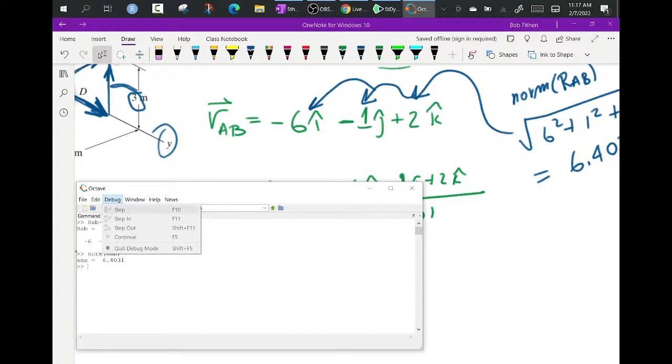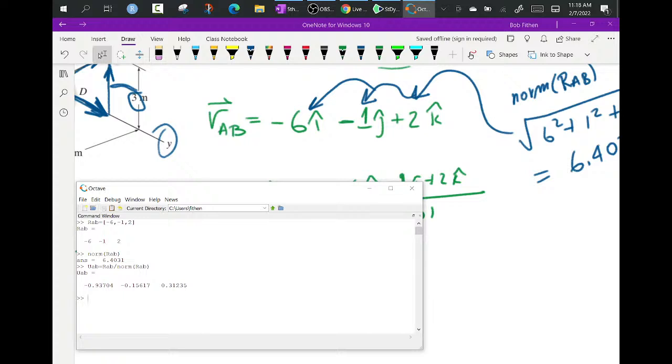What happened here? Okay. Try that again. UAB is equal to RAB divided by the norm of RAB. That time it got it.